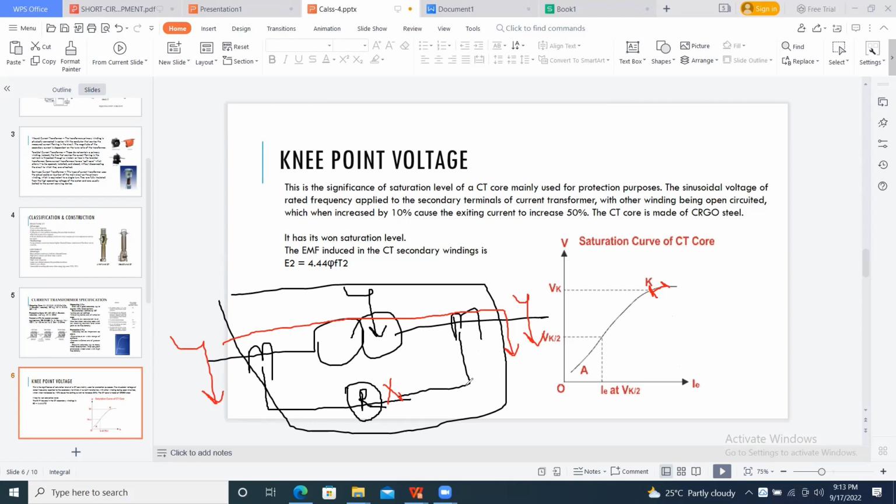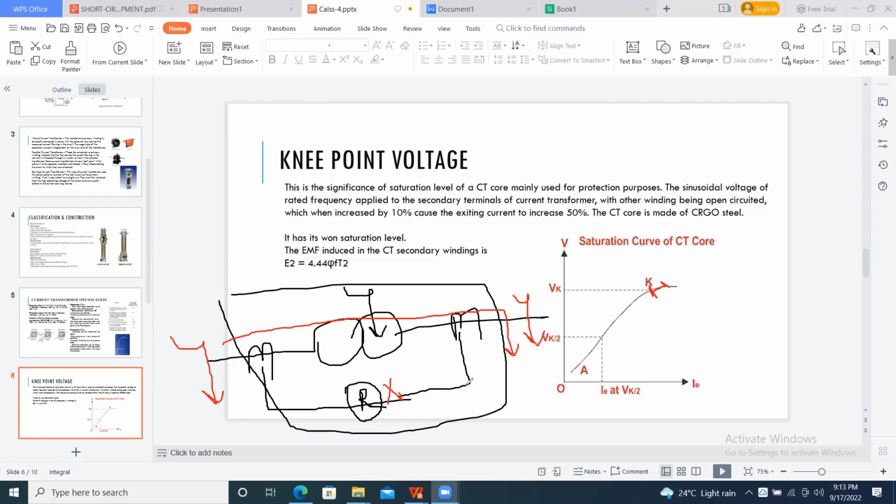So what do I have to do? I have to ensure that the knee point voltage and magnetizing characteristics of the CTs on both sides of the transformer are the same.